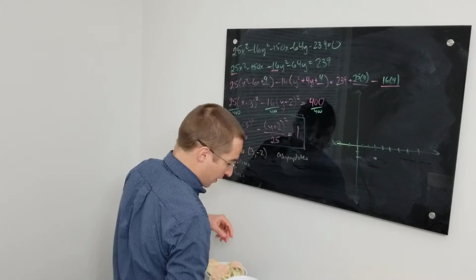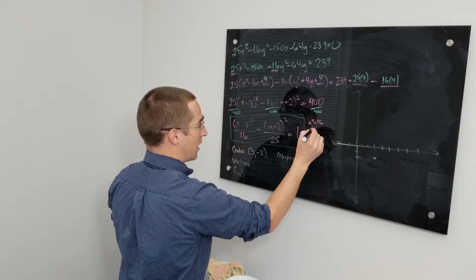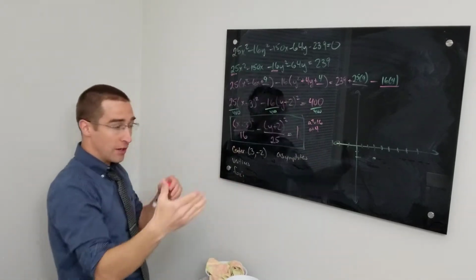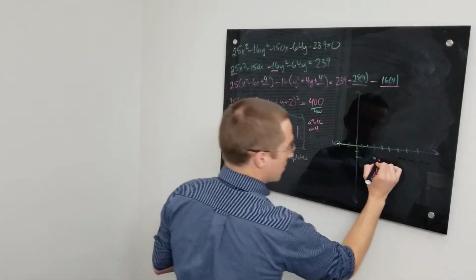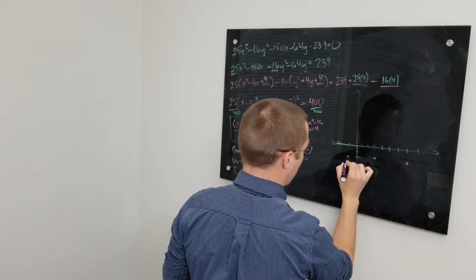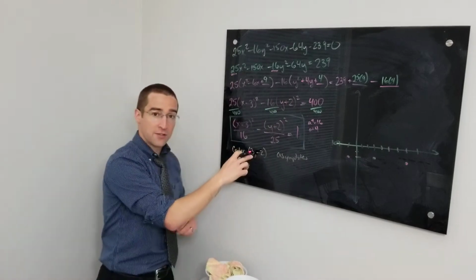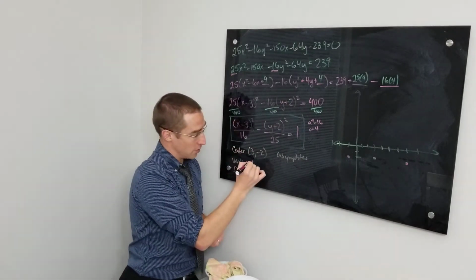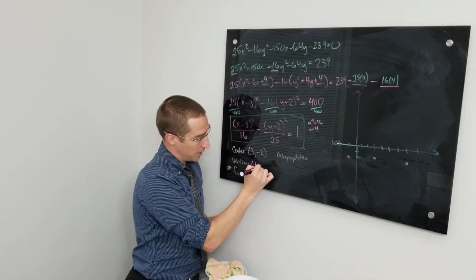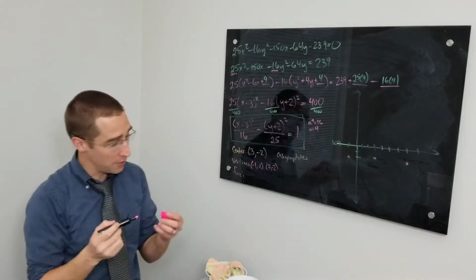So a squared equals 16, so a equals 4. I'm going to go right 4, left 4 to find my vertices. 1, 2, 3, 4, that's a vertex. 1, 2, 3, 4, that's a vertex. So my vertices are plus or minus 4 on the x number. So I have negative 1, negative 2, and I have 7, negative 2. So now we've got our vertices on there.